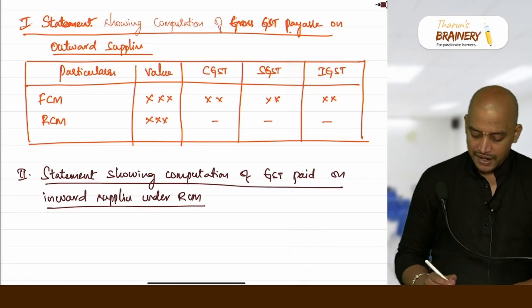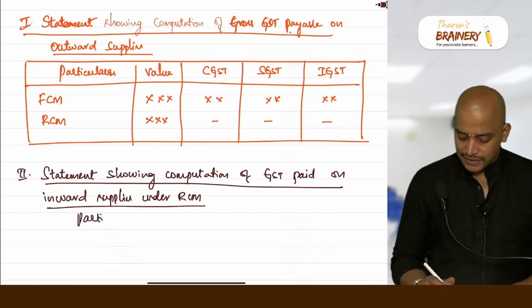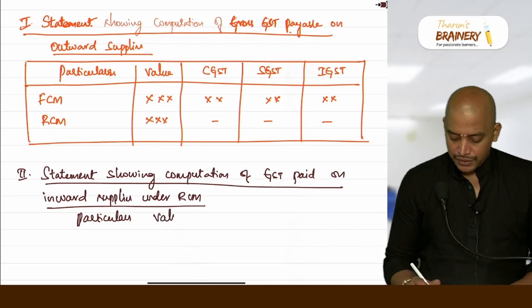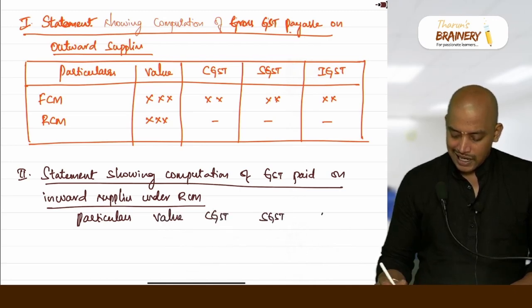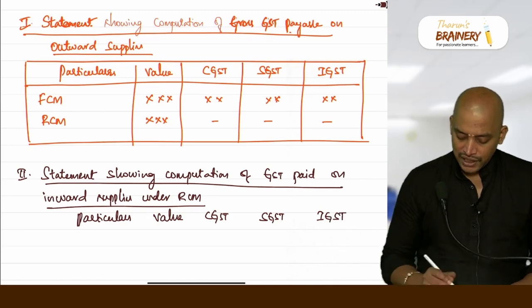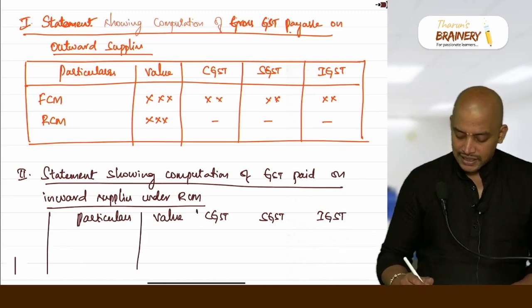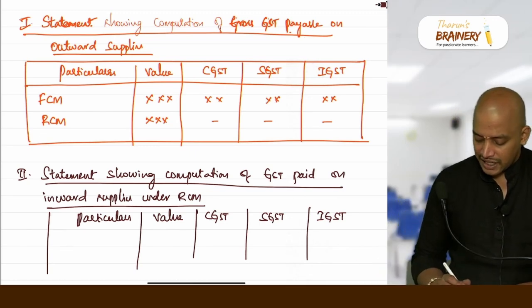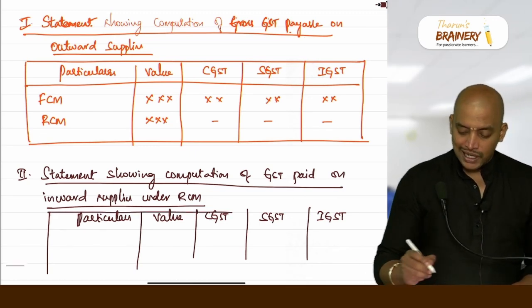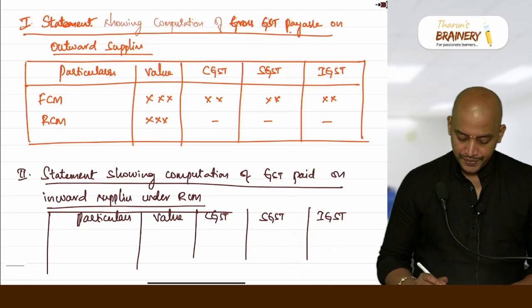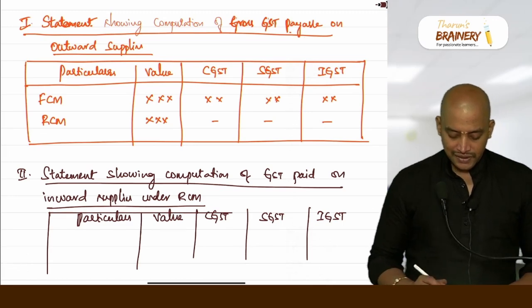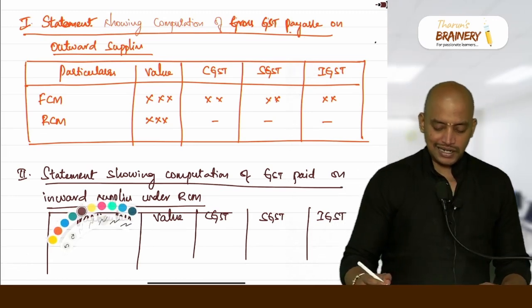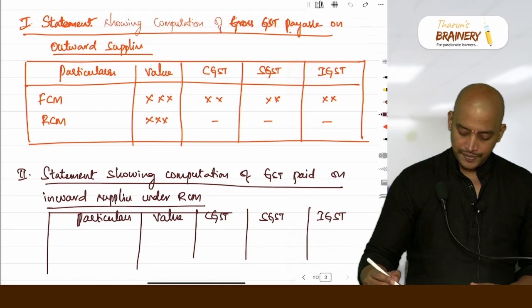Same way, particulars, then value, CGST, SGST, IGST. Here you will take only inward supplies, nothing else, and that too only under RCM.